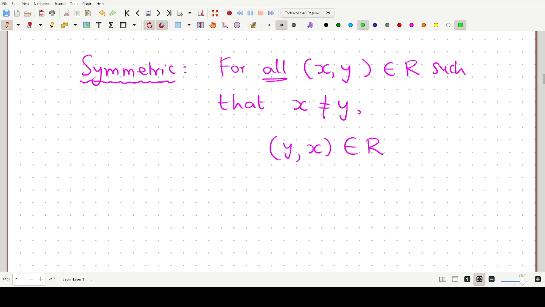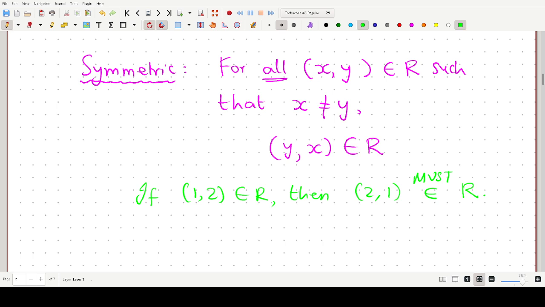So in our example of the set A, if 1 comma 2 belongs to R, then 2 comma 1 must belong to R. If this does not happen, then we will say that the relation is not symmetric.